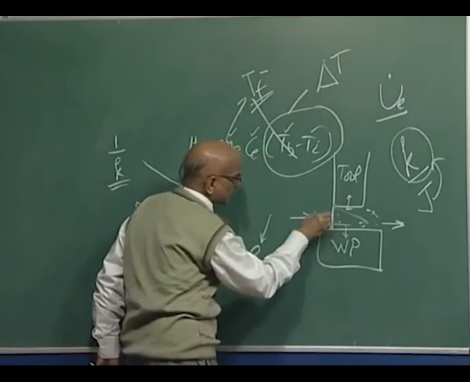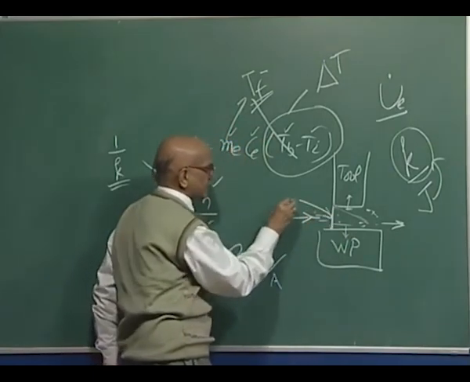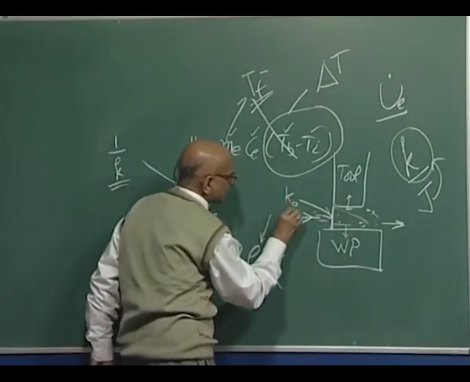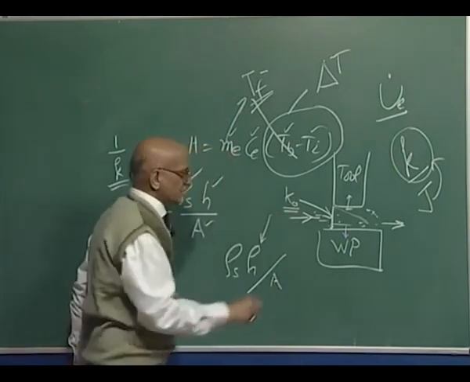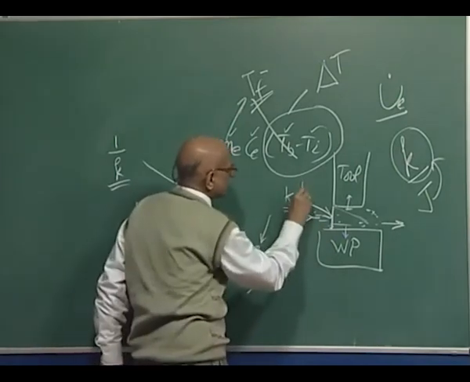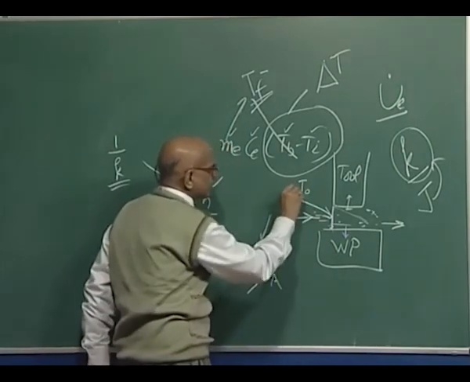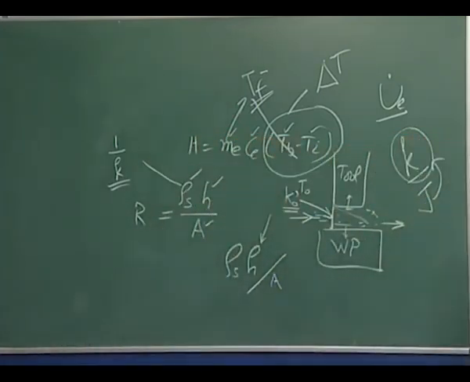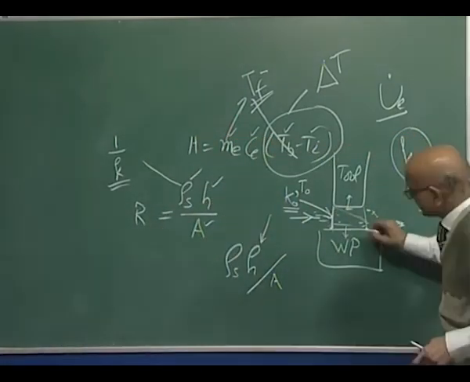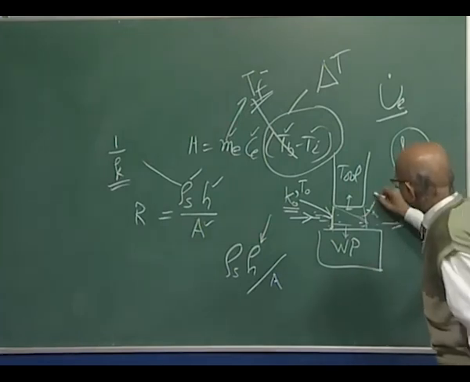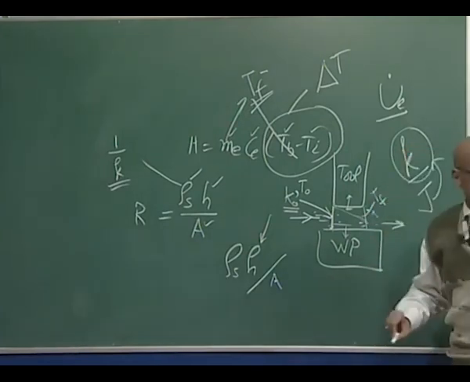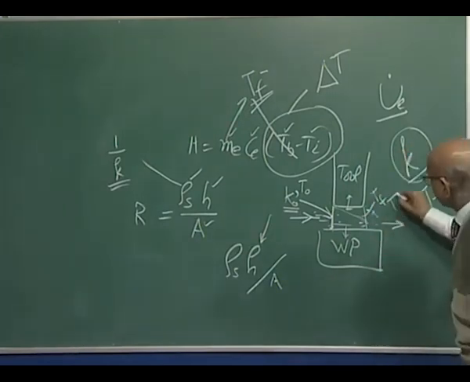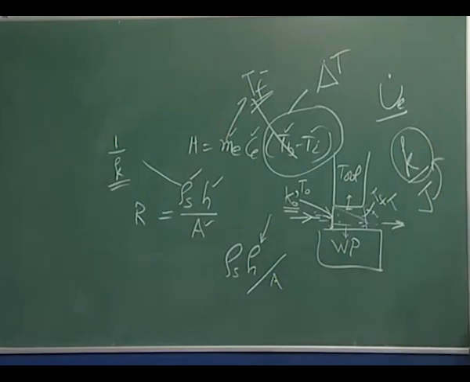Whatever the conductivity value here is represented as K0, the temperature at this point is represented as T0, and the temperature at the outlet, here, is represented either as Tf or, in this particular equation, just as T.